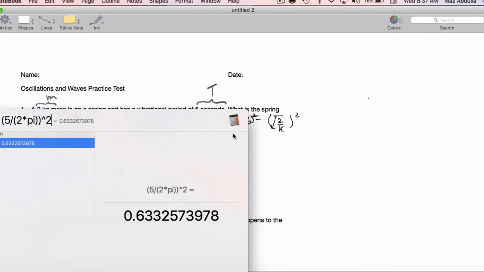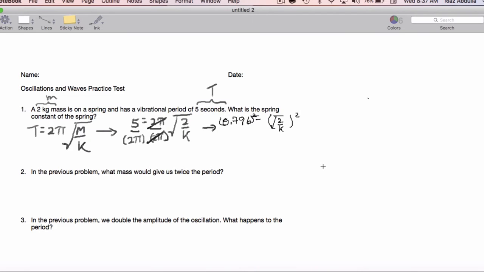That's going to give me 0.633, and that's going to equal 2 over k. Now I'm going to multiply both sides by k. And so when I end up solving, k equals about 3.15 or 3.2 newtons per meter.